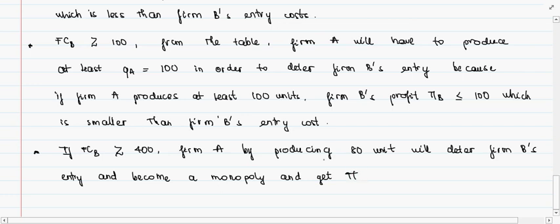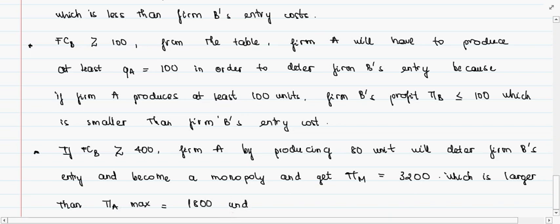When firm A produces 80 units of output, firm A is going to get a monopoly profit of 3,200, and this is bigger than the maximum profit that firm A can get, which is equal to 1,800 under the Stackelberg equilibrium.